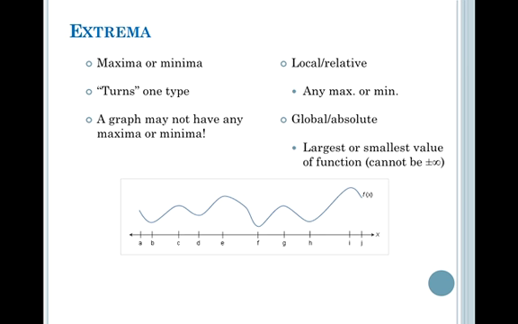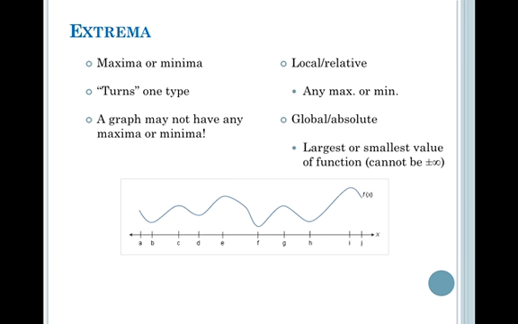So that would be a local max. If we look at b, that would be a local minimum, because to the left and the right of b, the graph is then bigger. So basically, anytime you hit what looks like a valley in the graph, that's a local min, and if you hit something that looks like a peak, that's a local max.